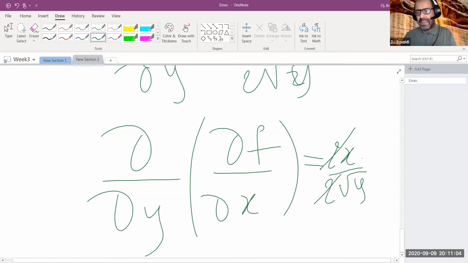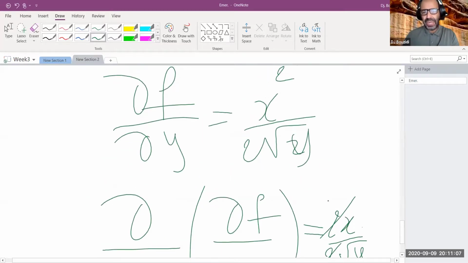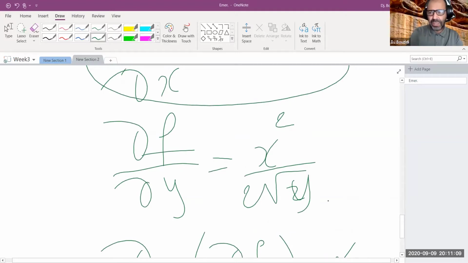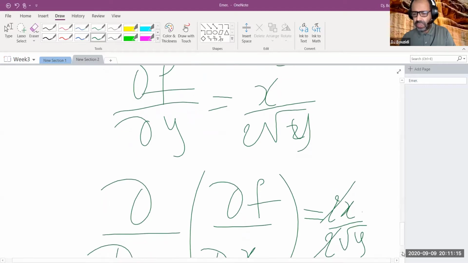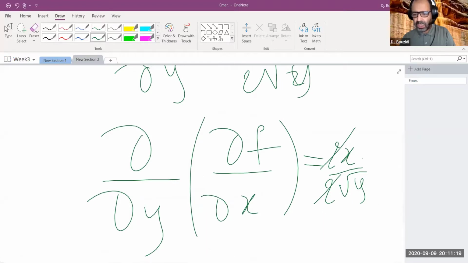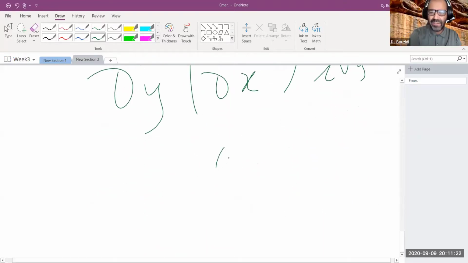Now, if I do the same thing, the derivative with respect to x of the derivative with respect to y, so the order now, I'm keeping them mixed. The order is not the same. I'm taking first the derivative with respect to y, and then taking the derivative with respect to x.